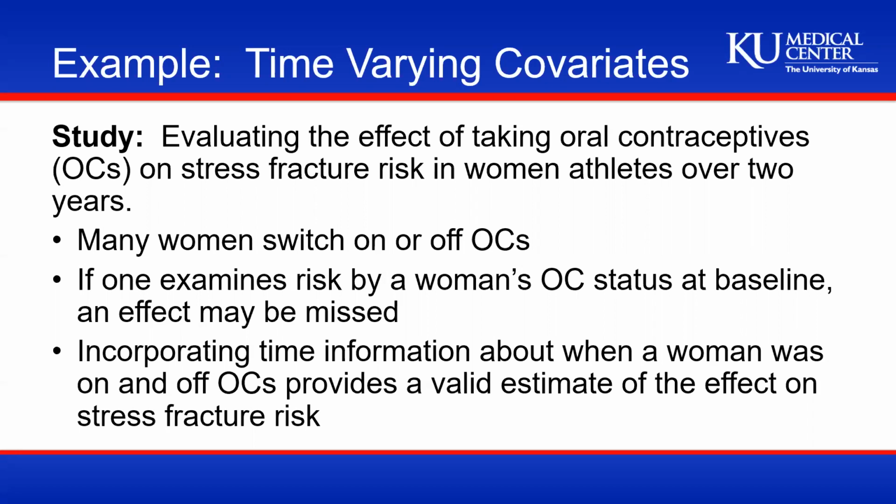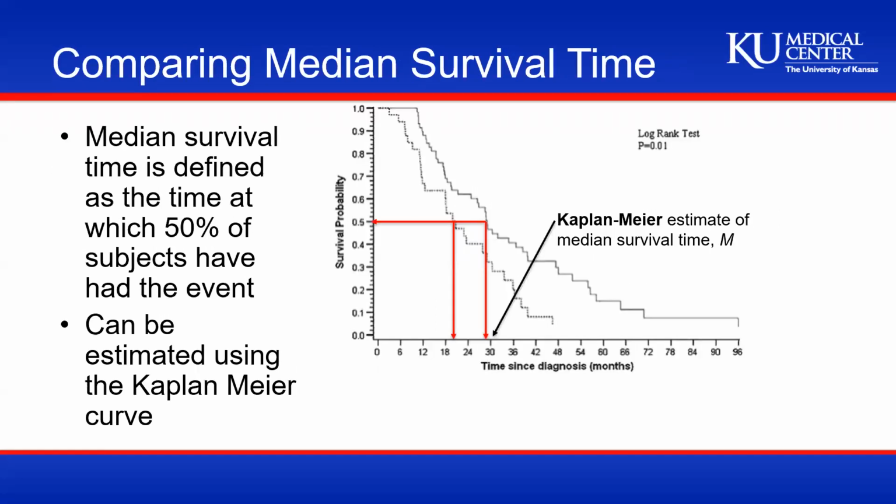But if you can actually ask them over time at repeated intervals, whether they're using or not, you can incorporate that change in exposure and get a more valid estimate of the impact of oral contraceptive use on stress fracture risk. And you do that using survival analysis. You basically turn on and turn off the exposure, and it's very easily done. And so you can see why this is a powerful tool.